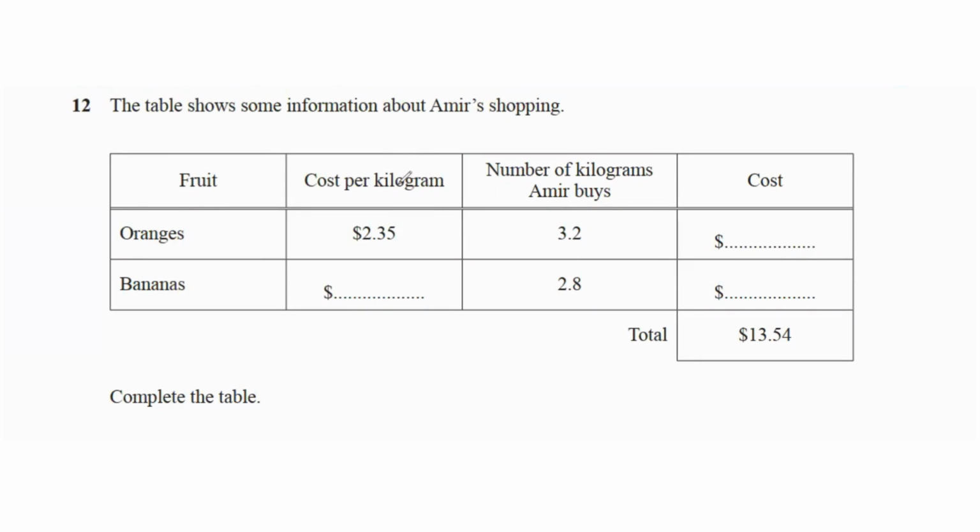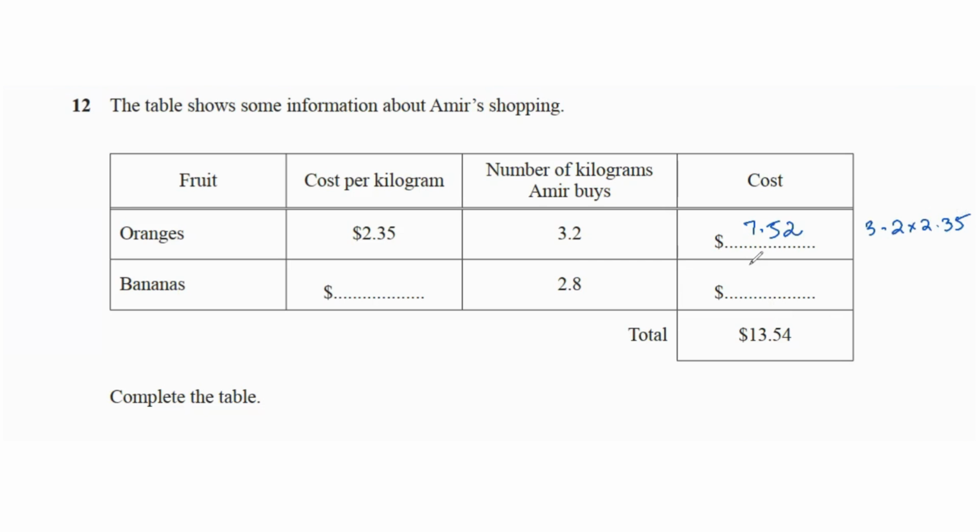So we have the cost per kilogram of oranges, and we have the number of kilograms of oranges he bought. For the cost, I'm going to multiply 3.2 with 2.35. That's going to give us 7.52. Then we can find the remaining cost of bananas by subtracting the cost of oranges from the total cost.